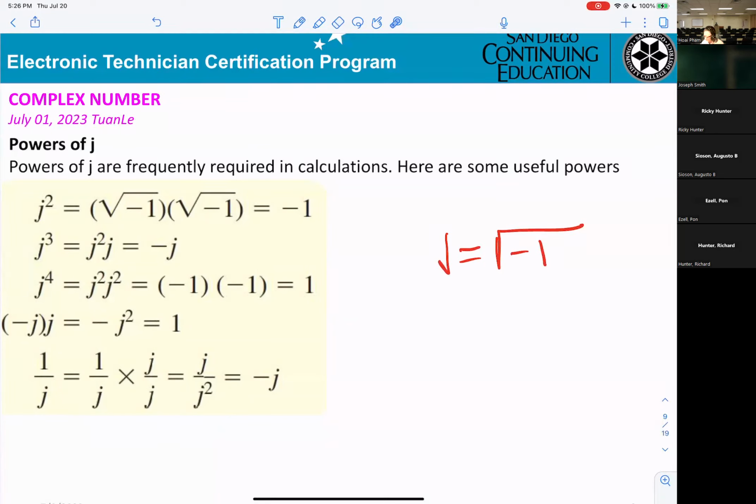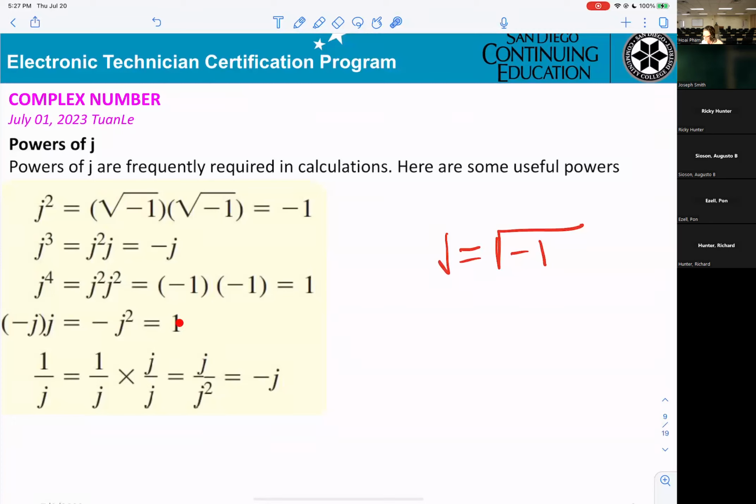J cubed is J square times J, which means minus J. J to the 4th is J square times J square, minus 1 times minus 1, you get 1. And also you can see minus J times J will be equal to minus J square, which equals 1.